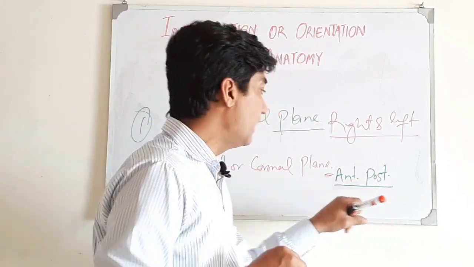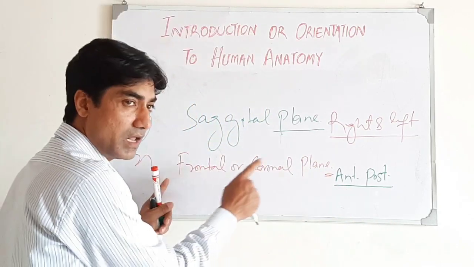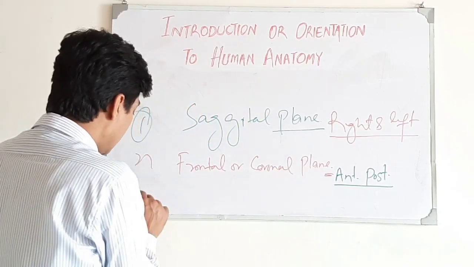This type of plane is called the frontal or coronal plane. And the third one is transverse.